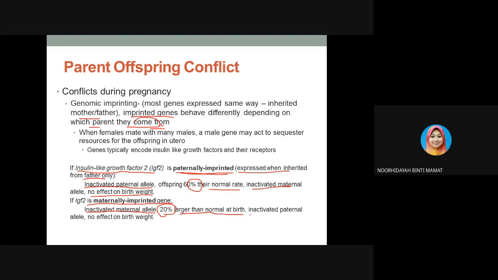When the paternal allele is inactivated, there is no effect on birth weight. So this is the conflict of the offspring during pregnancy, involving insulin, depending on which parent the genes come from.